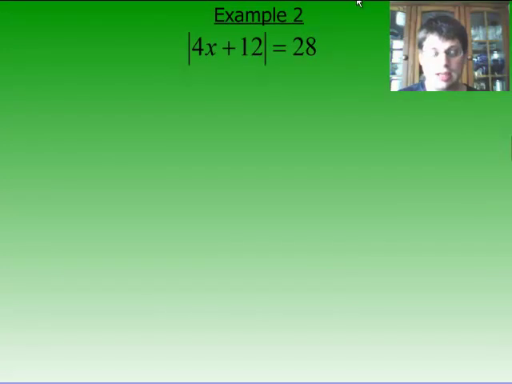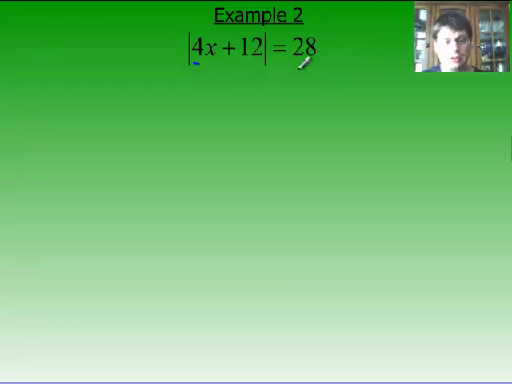In our second example, I noticed that we have a term here in front of the x, a 4, and then we're doing the plus 12 equals 28. So now since we have a coefficient on x, it becomes a little more confusing as far as how that works exactly on a number line.